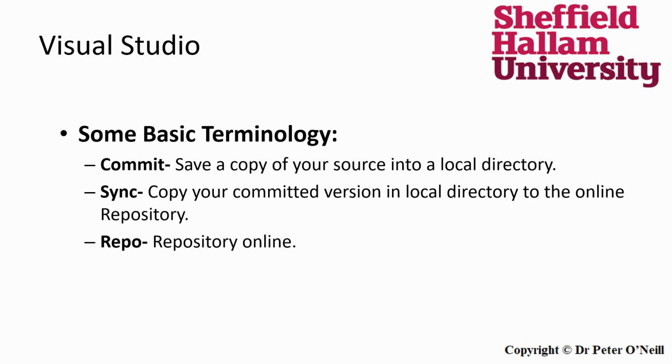Repo means a repository, online and locally. Clone means essentially you take your repository that's online and a person can clone it or download it to their local PC and then have a copy of your code.